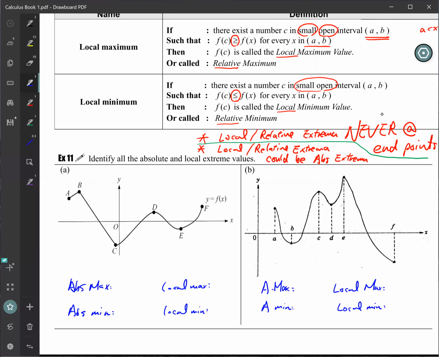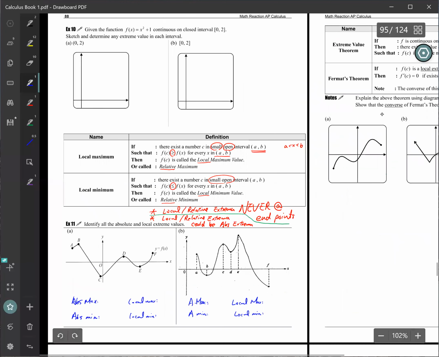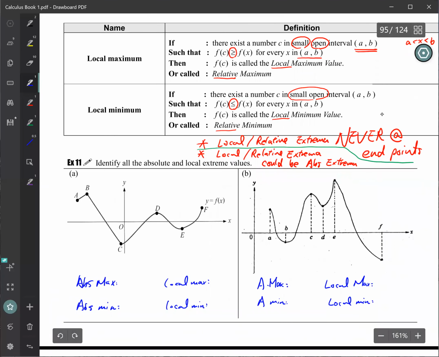It's faster. Please raise your hand if you finish both.